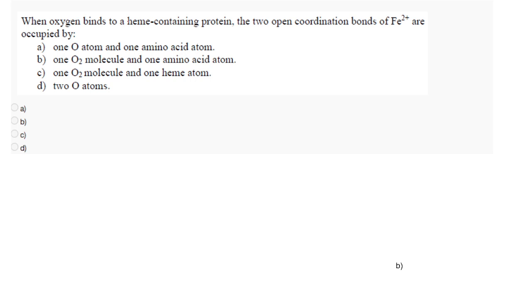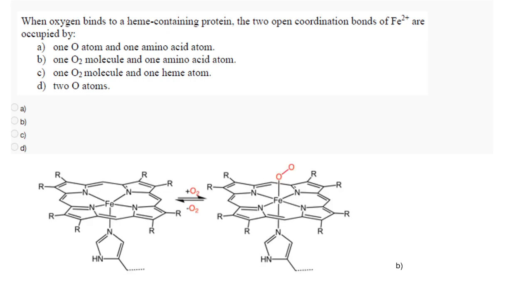I'll show you how this oxygen binds to the histidine. So this is a heme group. Heme has a porphyrin, right? This complete group is called the heme group, which has iron as a metal center.